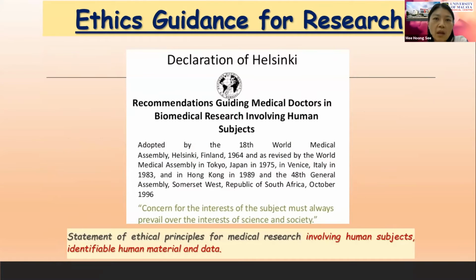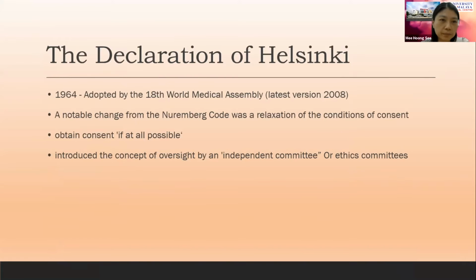The most important thing is the Declaration of Helsinki. In 1964, it actually started during the 18th World Medical Assembly. Later on it evolved and changed, and the latest version was in 2008.